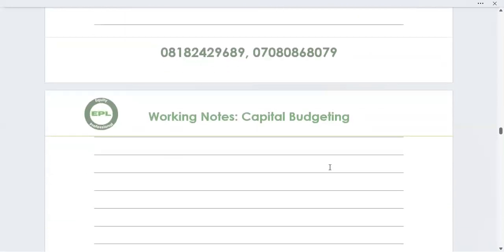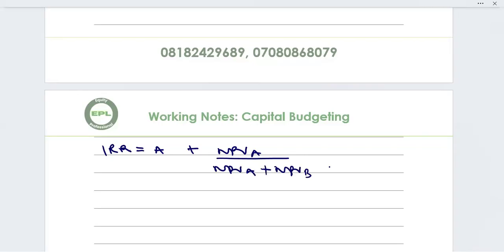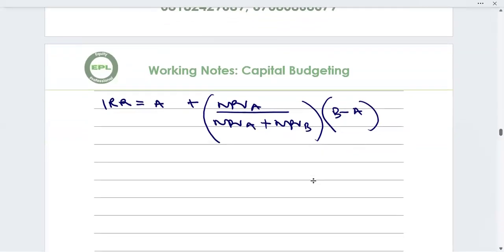Therefore, we then proceed to calculate internal rate of return, which is lower discount rate plus the NPV of the lower discount rate divided by the NPV of the lower discount rate plus NPV of higher discount rate, all of this multiplied by higher discount rate minus lower discount rate. So internal rate of return, 30% is lower.